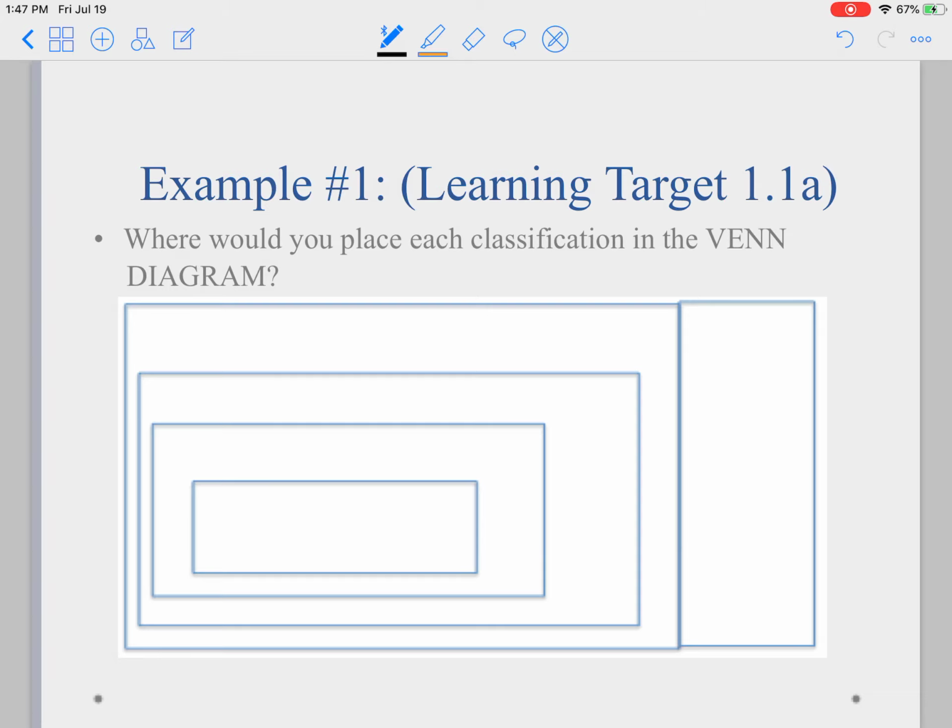If you look and think about the diagram, notice first of all, this rectangle is the smallest set. It's the smallest rectangle representing the smallest set. So if you think about which set we defined that was the smallest, our smallest set that we defined was our first set.